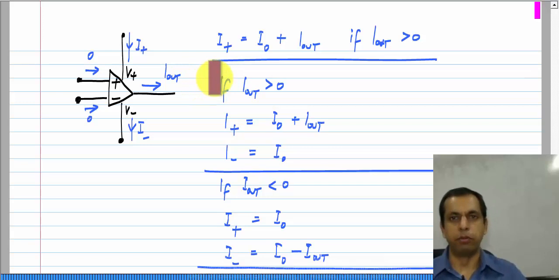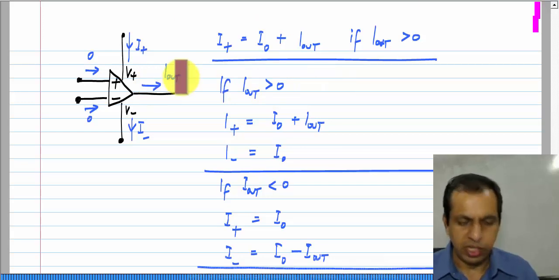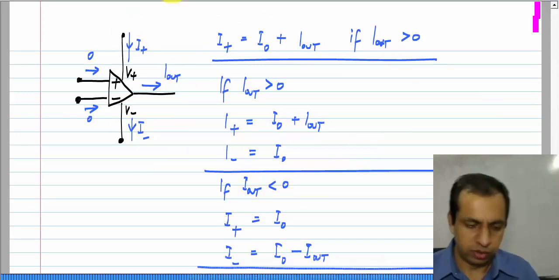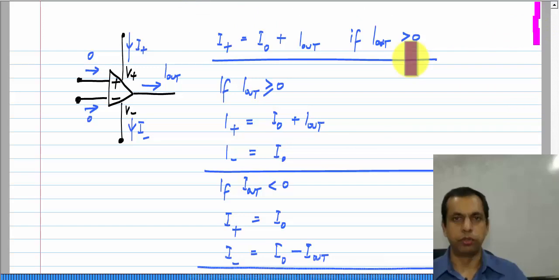At least for general purpose op amps that you can buy off the shelf, such as the 741 or 347 or those op amps, this model is followed. Okay. And clearly, if I out exactly equals 0, then I plus and I minus will be the same and equal to I naught. This is a pretty simple model that we can use.